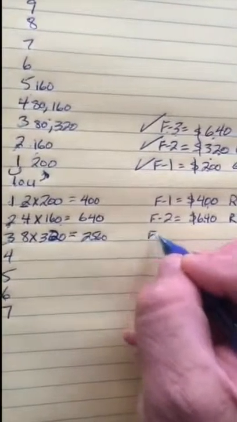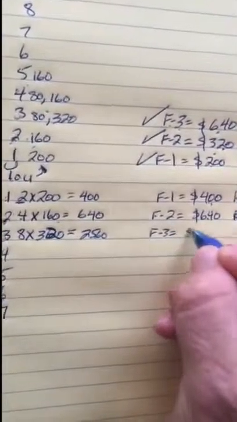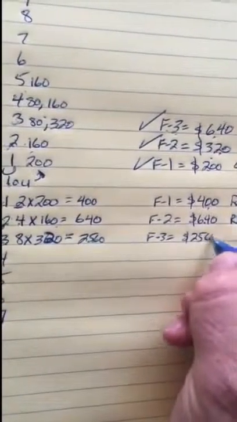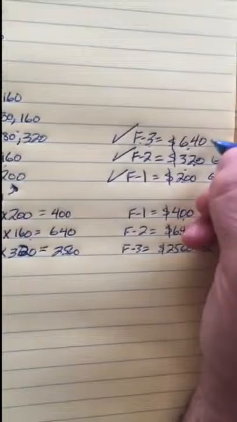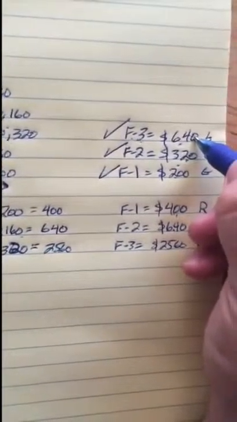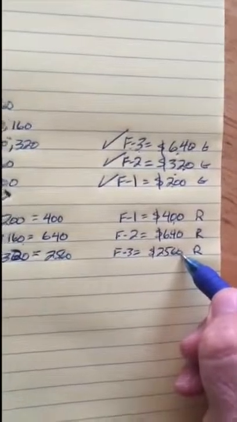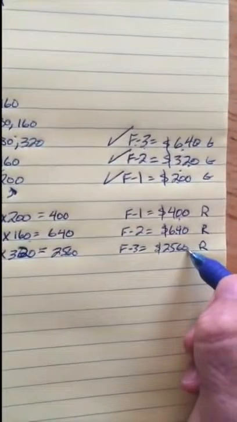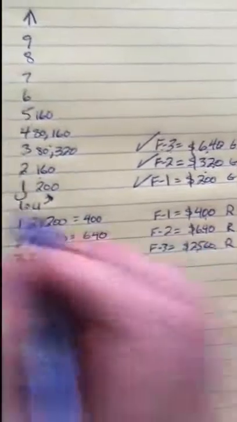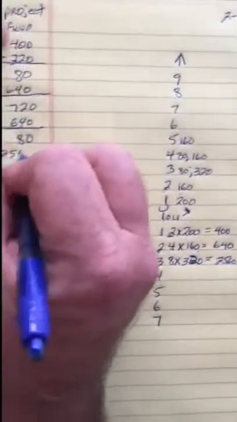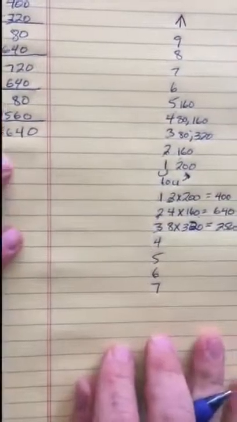Okay, so floor 3 equals $2,560 that you received. So you gave $640 on floor 3, then you received $2,560 on floor 3 below you. Now we're going to take the $2,560 over here, add it to your 80, and you now have $2,640. Okay, you see how that works?